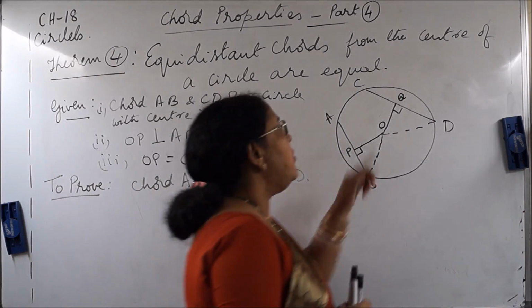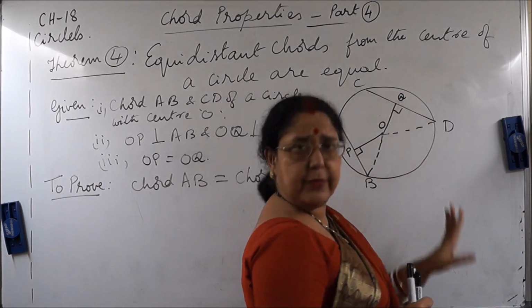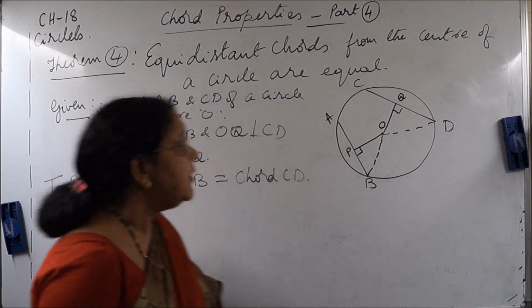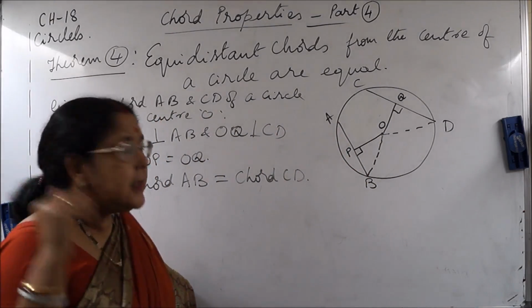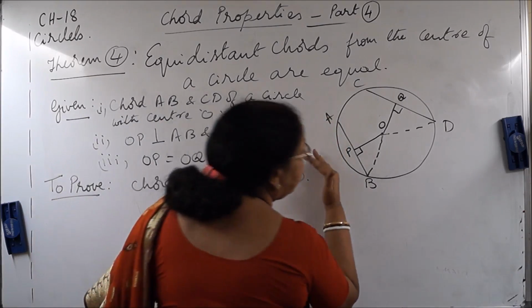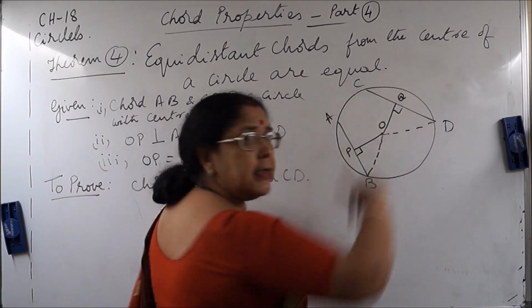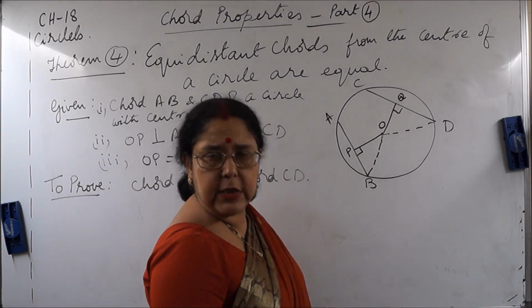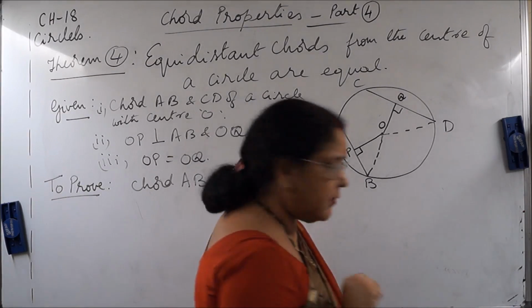We also know QD is half of CD. Now if we can prove that PB is equal to QD, that means we will be able to prove that half of AB is equal to half of CD. So if half of AB is equal to half of CD, then AB is equal to CD. That is what is our plan.